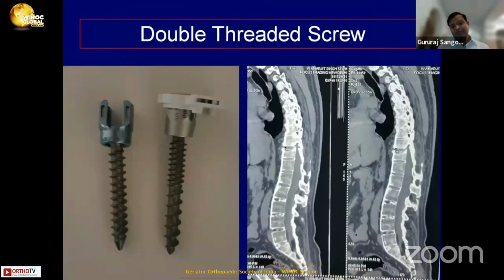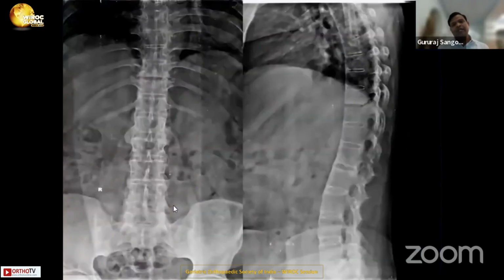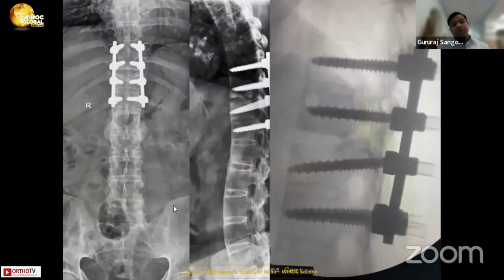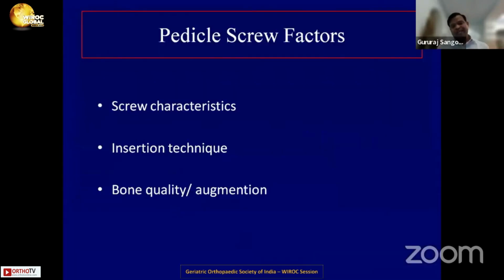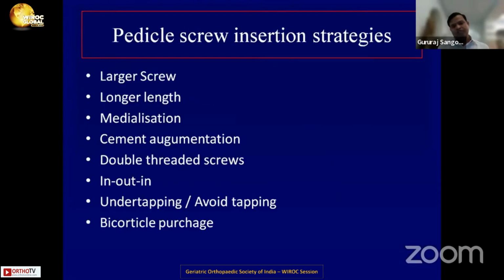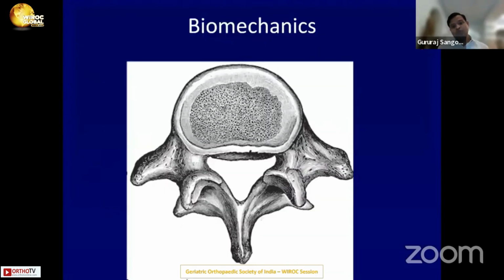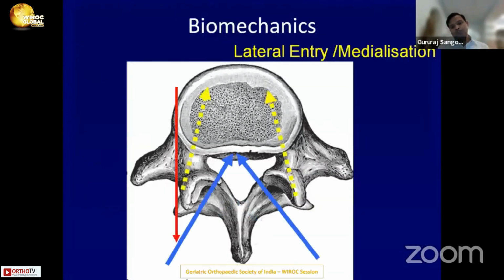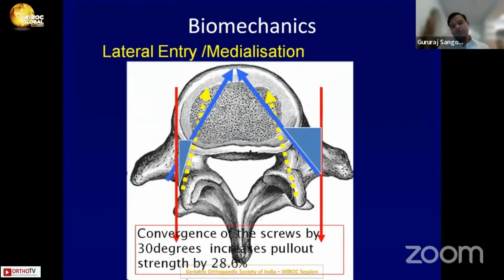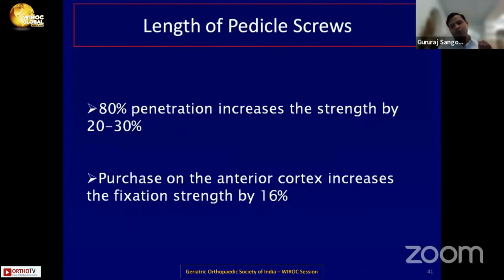You can use these double-threaded screws where this part catches onto the cortical bone, and this has cancellous bone threads. And you have to see screw characteristics, insertional techniques, bone quality, and augmentation. You can use all these techniques, larger screws, longer screws. Medialization of the screws increases the pull-out strength by around 28%. That's around 30% of the basic pull-out strength.